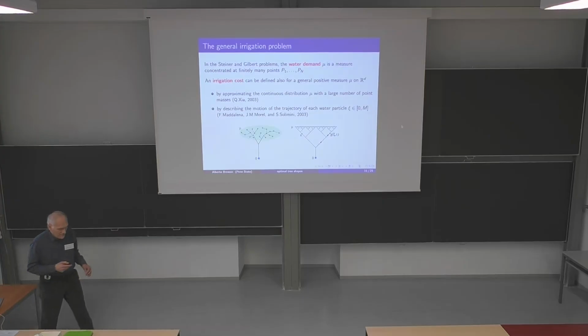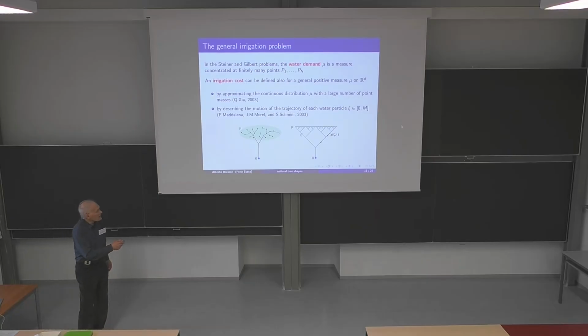Okay, so this is what initially was a problem for irrigating a finite number of points, of point masses, and this has been extended to the problem of irrigating an arbitrary positive measure. And there are two different ways. Given any measure, you can approximate it with a finite number of Dirac deltas, in a weak sense.